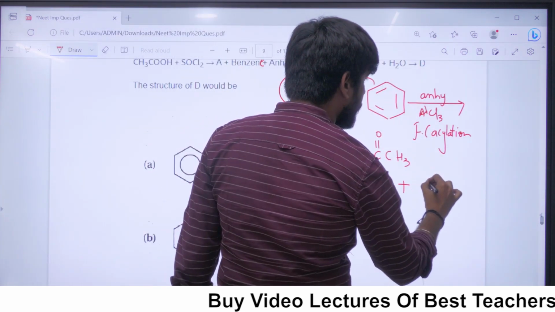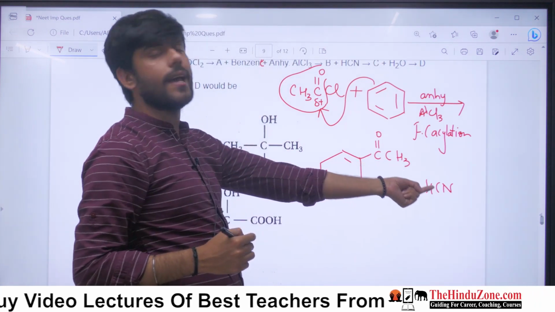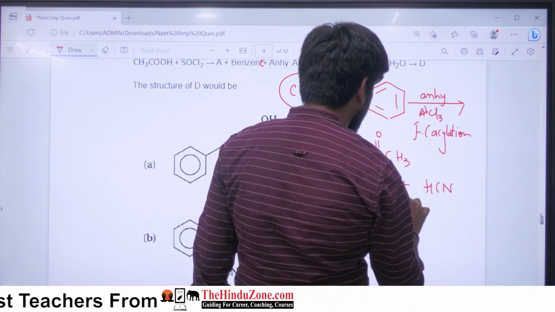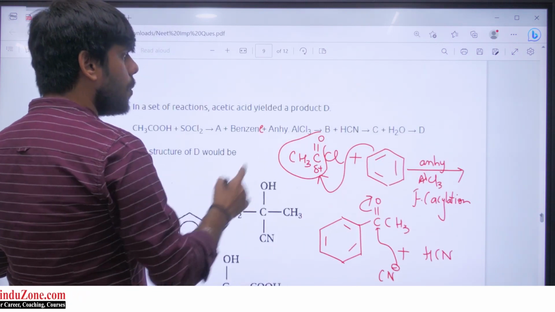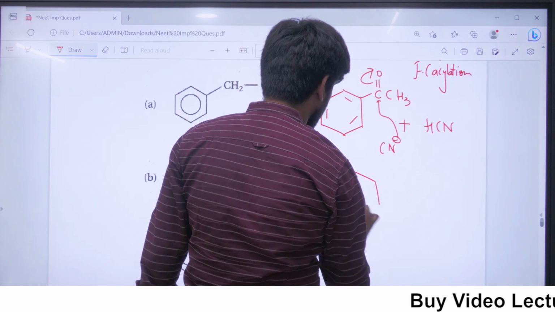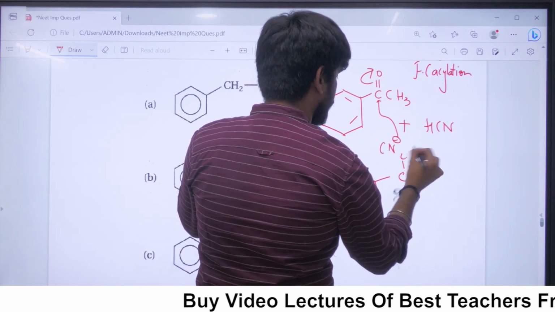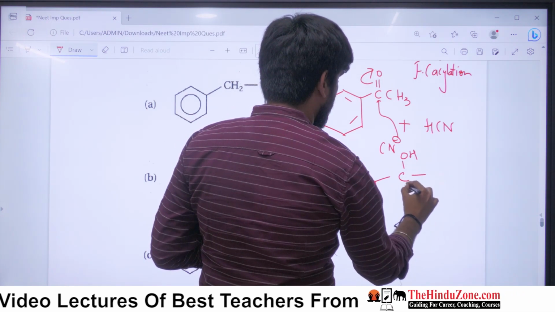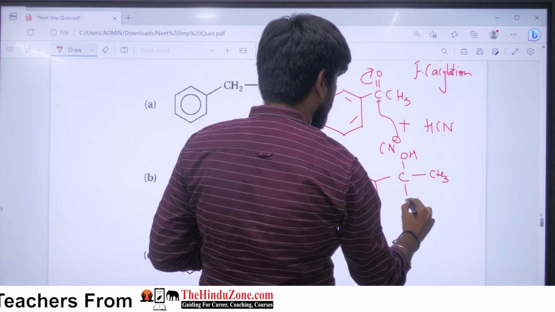Now this upon treatment with HCN, I have the electrophilic carbon, and I have the nucleophile, which is CN minus. So this CN minus will attack on this electrophilic carbon. This bond goes here, which upon protonation will give you C, with OH, the CH3 already there, and CN.